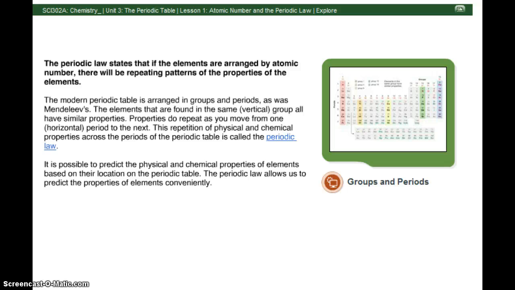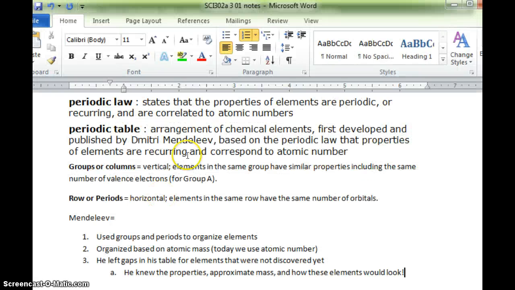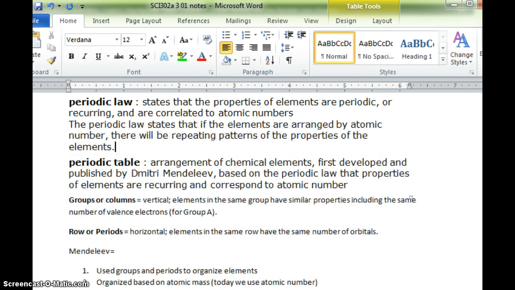The periodic law states that if elements are arranged by atomic number, there will be repeating patterns of the properties of elements. Okay, so the periodic law states that the properties of elements are periodic, or reoccurring, or repeating, and are correlated to atomic number.